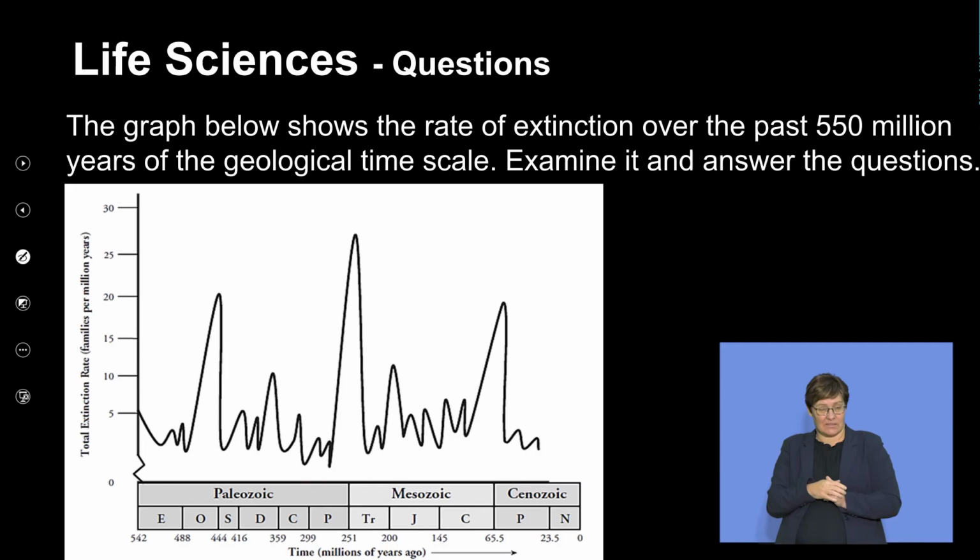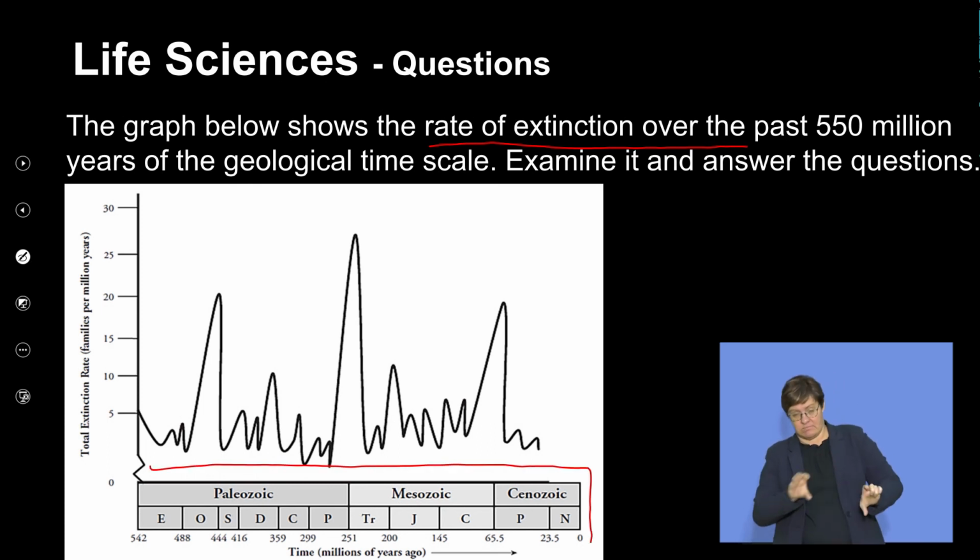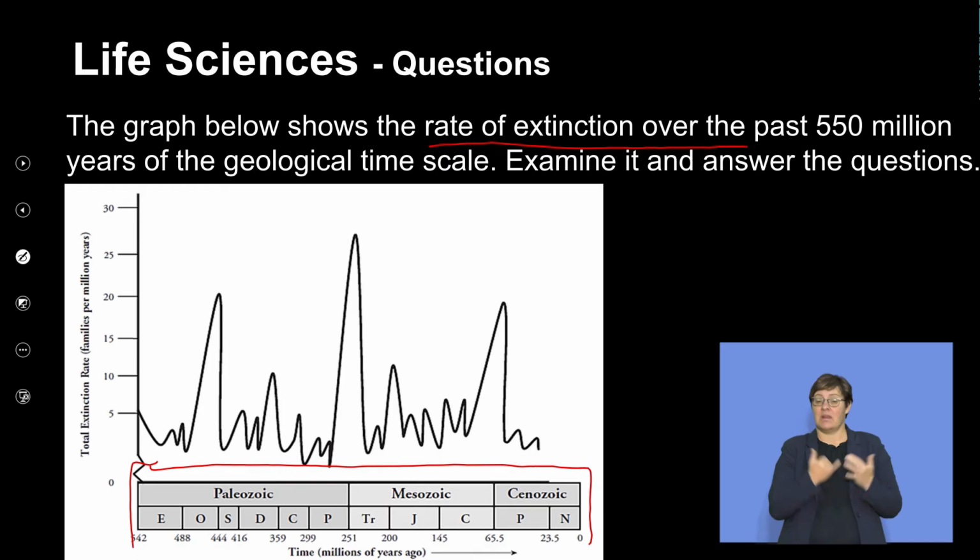This particular one is also a graph, and it shows the rate of extinction. In other words, how many organisms became extinct at a particular time. So it's also got the geological time scale along the bottom, but this time it's a graph, and the graph shows the rate of extinction.